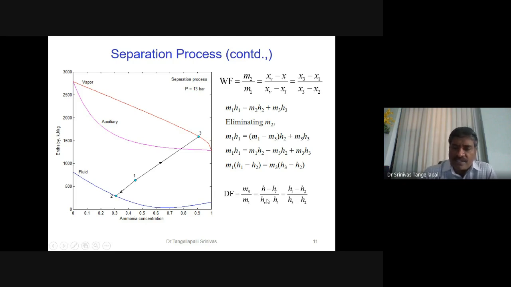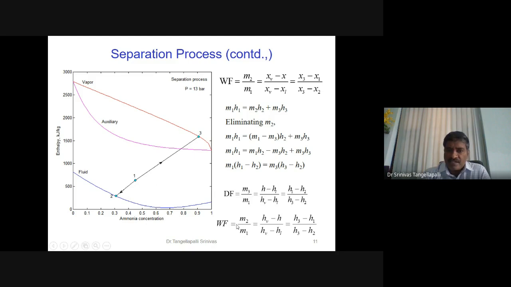This also follows the lever rule. M3, the vapor, is directly proportional to H minus HL, the enthalpy of the mixture minus the liquid side, and the total mass is directly proportional to HV minus HL. Or in terms of numbers, H1 minus H2 by H3 minus H2.